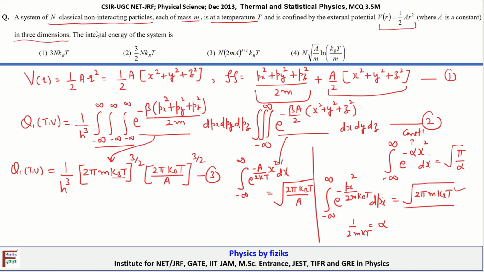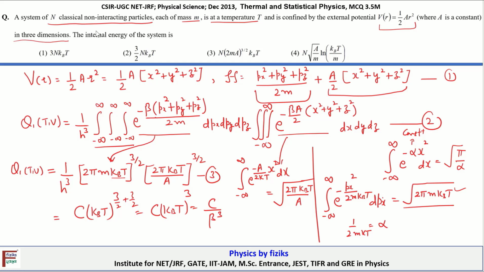Clubbing all the rest of the terms in one single constant, let me write this result as C into kbt power 3 by 2 plus 3 by 2, so that is equal to C kbt power 3.